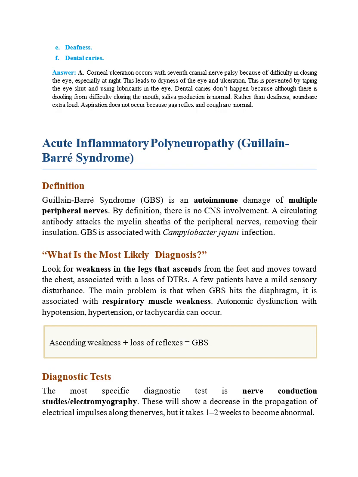The main problem is when GBS hits the diaphragm, it is associated with respiratory muscle weakness. Autonomic dysfunction with hypertension or tachycardia can occur. So the clinical tip here is that ascending weakness plus loss of reflexes is GBS.